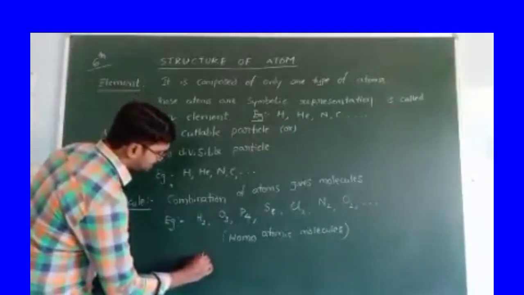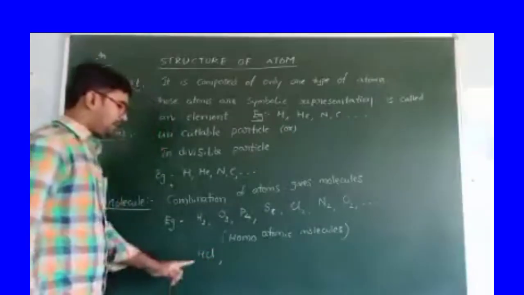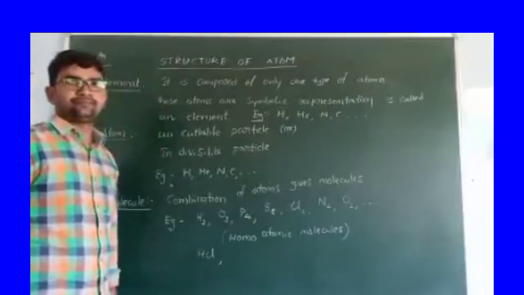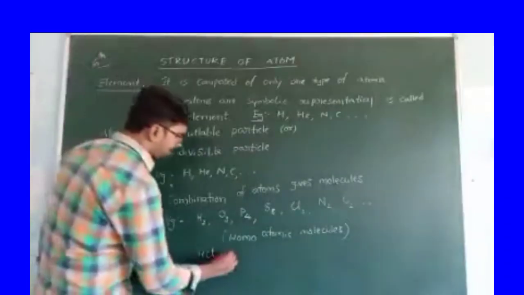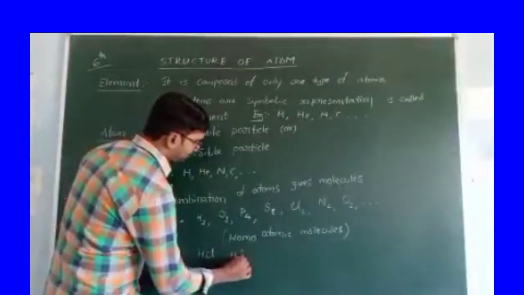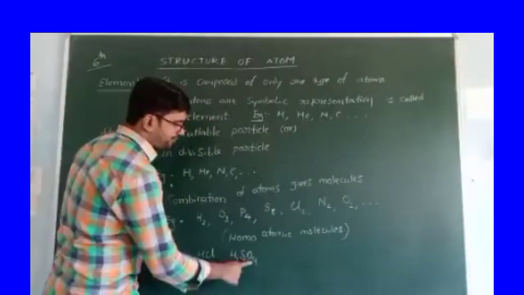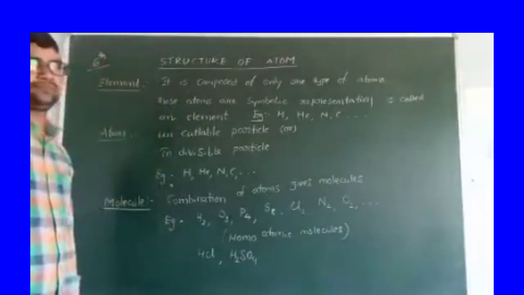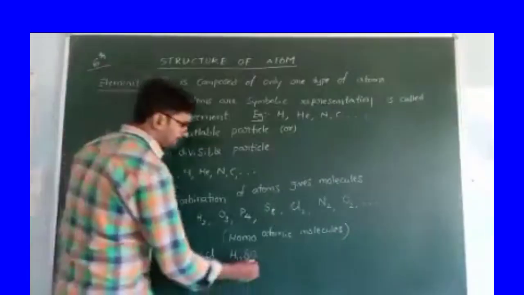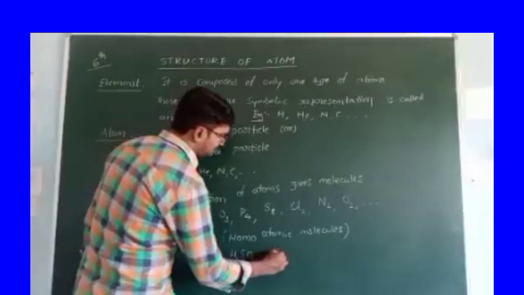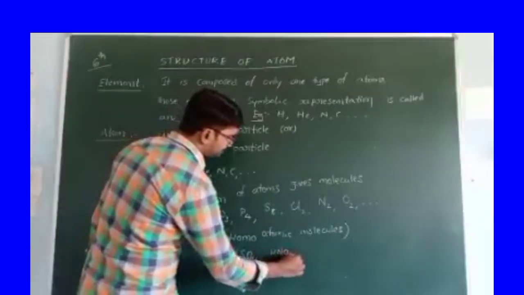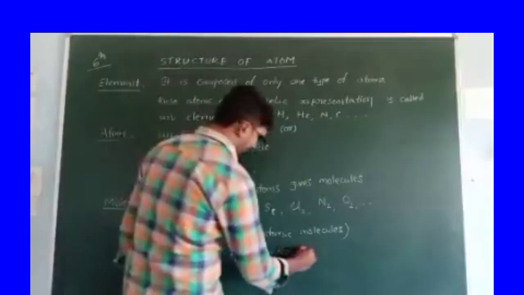HCl: one hydrogen and one chlorine form a molecule. H2SO4: two hydrogens, one sulfur and four oxygen atoms are present. So it is a molecule. HNO3 is also a molecule.